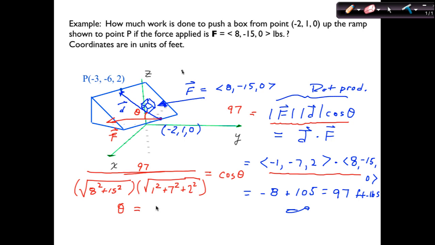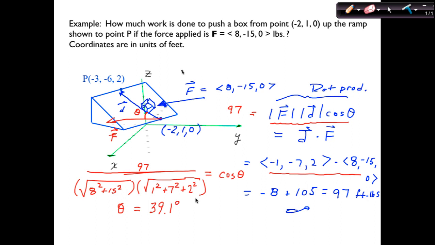Really? That's the same angle as the previous. That's right. 39.1? Was that the angle in the previous problem? Yeah, that's total coincidence. There's absolutely no connection between these two problems.